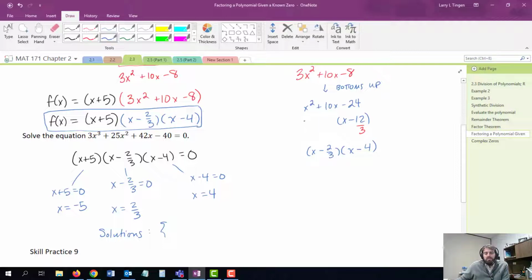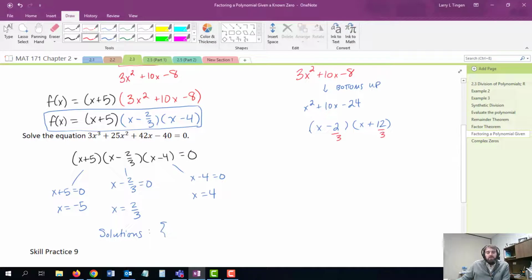Let's come back to that. Here, let me get back here. Get my stuff together. That breaks down into multiply to -24, add to +10. So plus 12 minus 2. That's better.